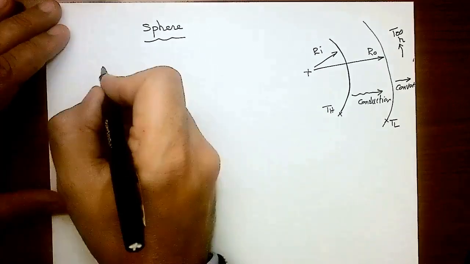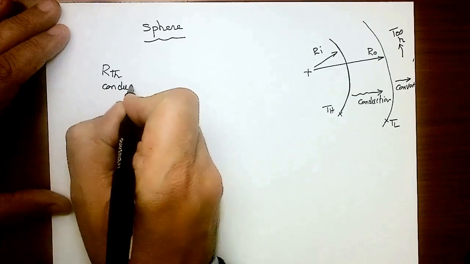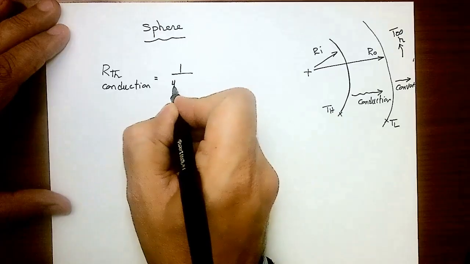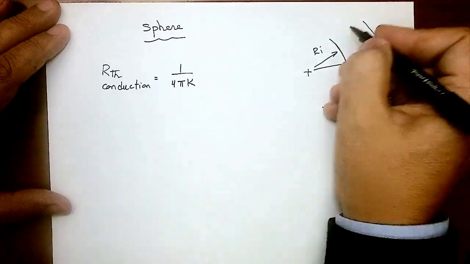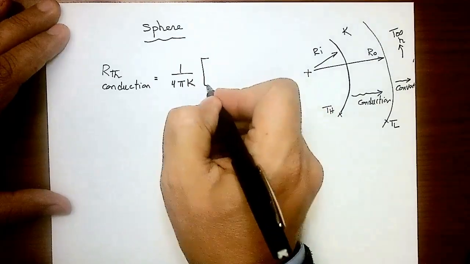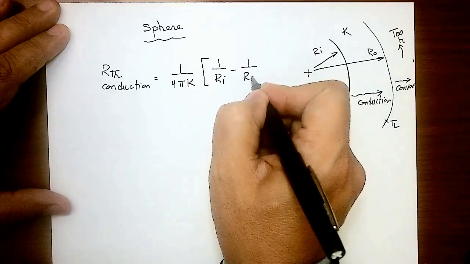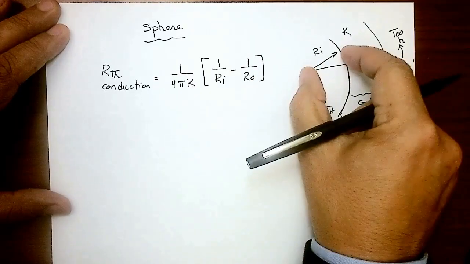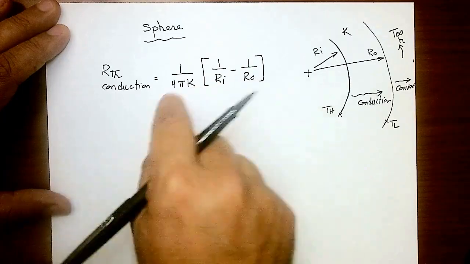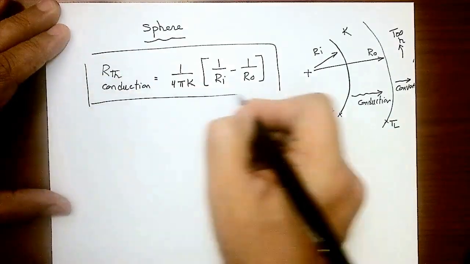For the conduction resistance, the equation is 1 over 4 pi k, where k is the thermal conductivity of that thickness, a solid material, multiplied by 1 over the inner radius minus 1 over the outer radius. Inner radius is smaller. You flip that number, so this number will be bigger than this number, so it's going to end up being positive. So that's the equation.